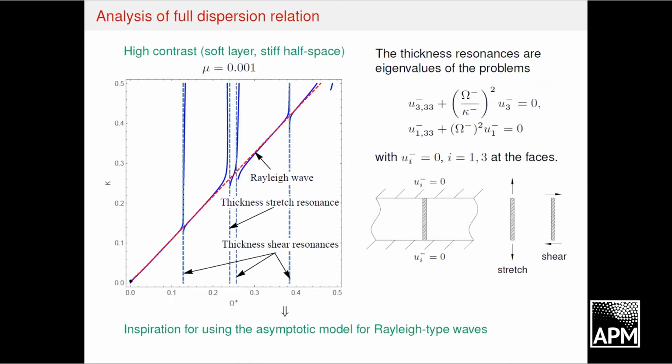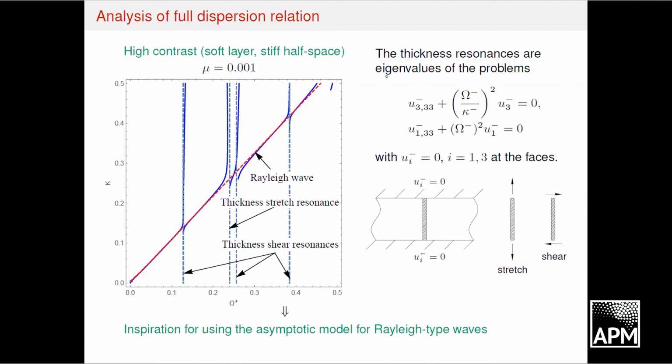And also with this red dashed line, we are showing the straight line associated with the Rayleigh wave. So this line has a gradient associated with the Rayleigh wave. So we see that the Rayleigh wave is very much related to the wave we found, I mean the Rayleigh wave in the half space, although certainly in the vicinity of these resonances, it doesn't work.